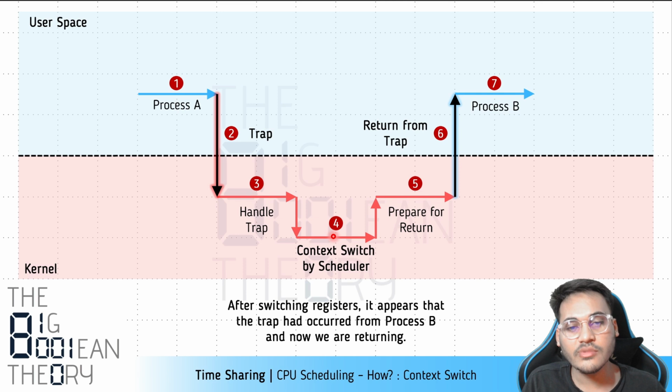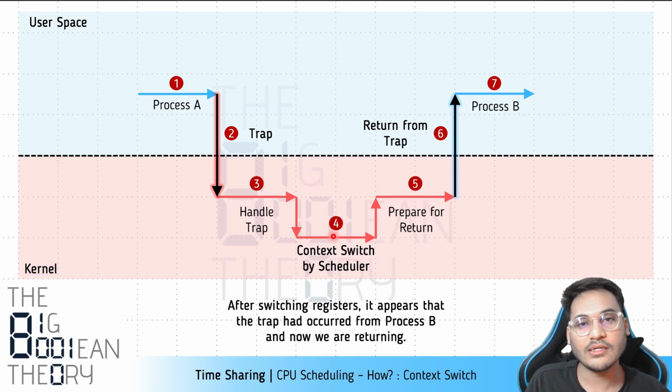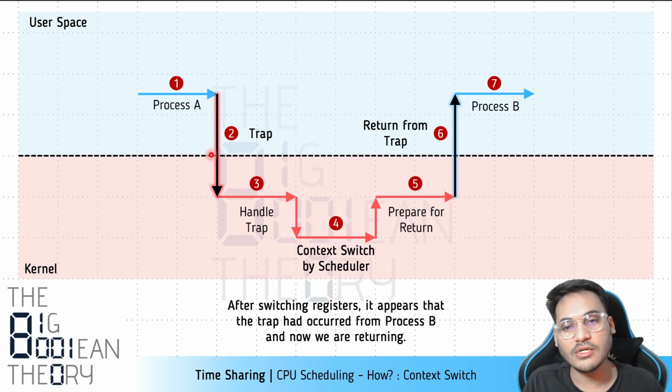So just before the switch, you are executing as if you are handling the trap from process A, right? And just after the switch, it appears that you are handling the trap from process B. So this is what I'm trying to say. You enter the kernel in the context of one process and you leave the kernel in the context of another.